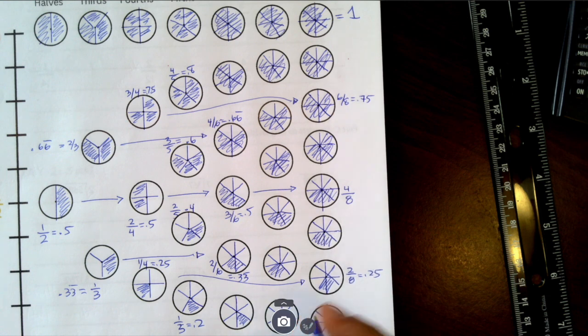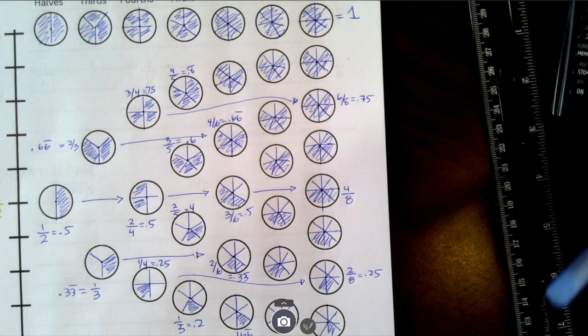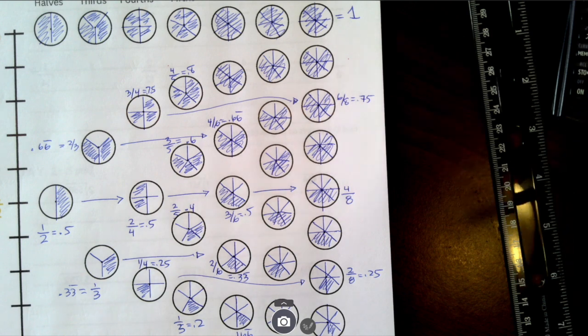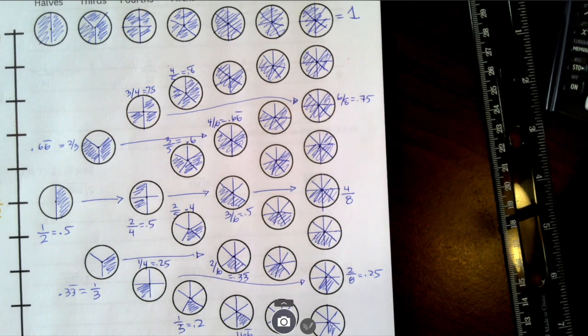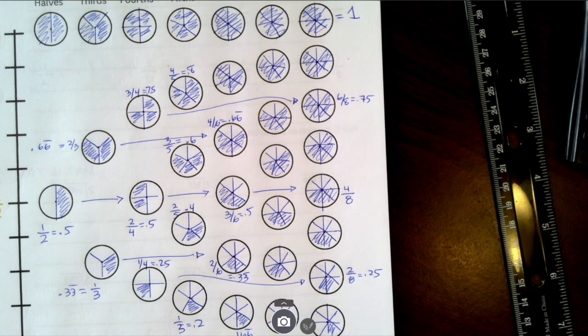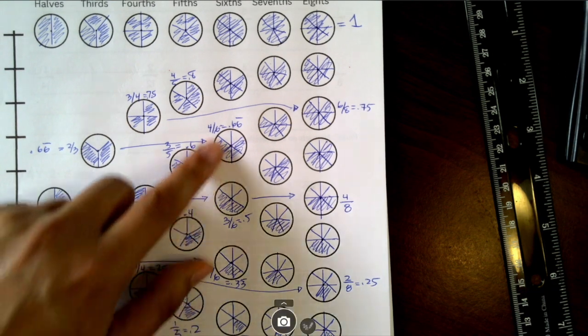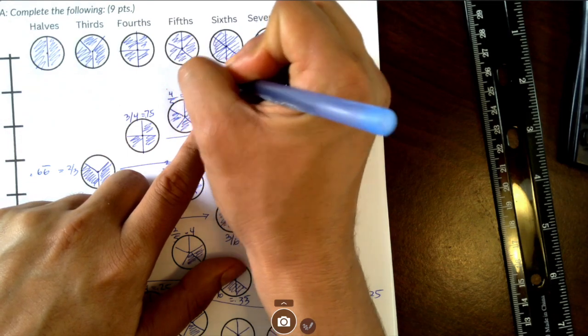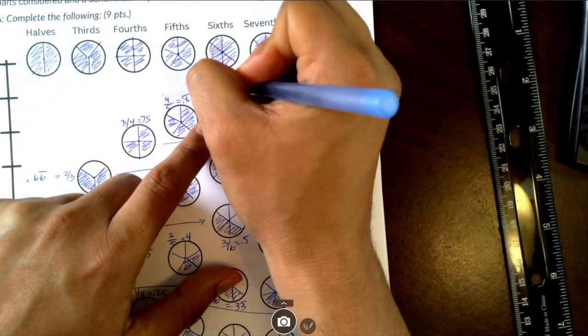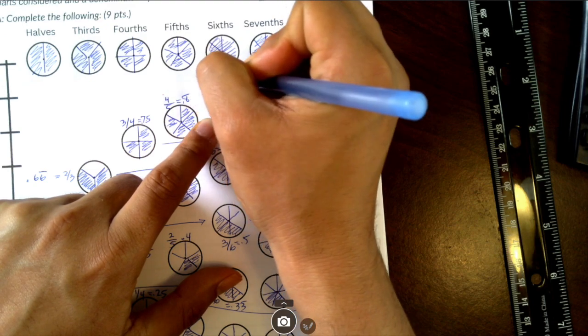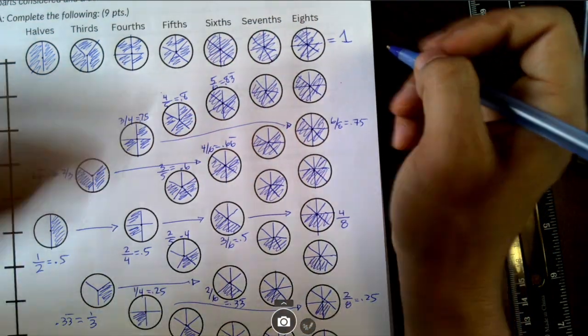So that's 1 divided by 6 is like about 0.16. And I think it repeats, but I can always double check on a calculator. 1 divided by 6 is, yep, 0.1666. And then this one, 5/6 is equal to, I think it's like 0.833 repeats. Okay, so we got these down.